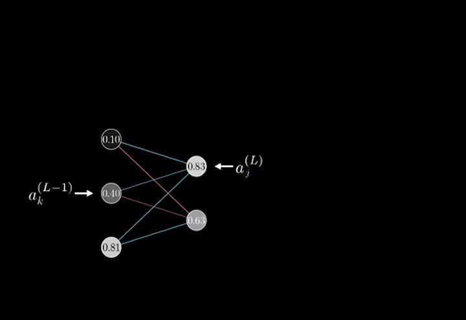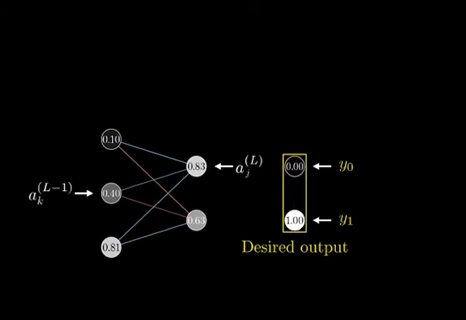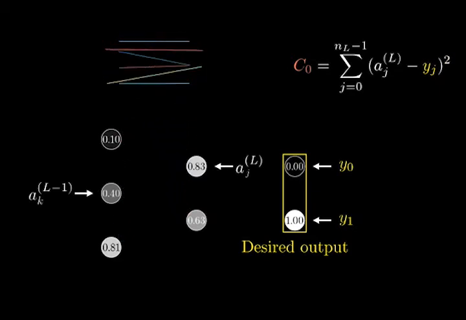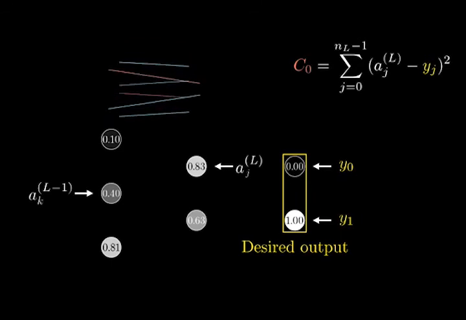For the cost, again, we look at what the desired output is, but this time we add up the squares of the differences between these last layer activations and the desired output. That is, you take a sum over (a_j^L minus y_j) squared. Since there's a lot more weights, each one has to have a couple more indices to keep track of where it is.